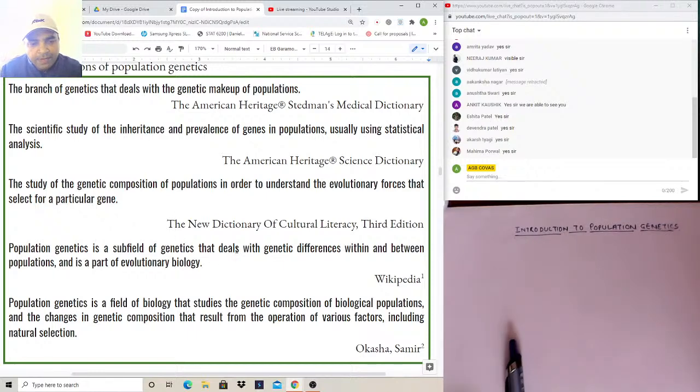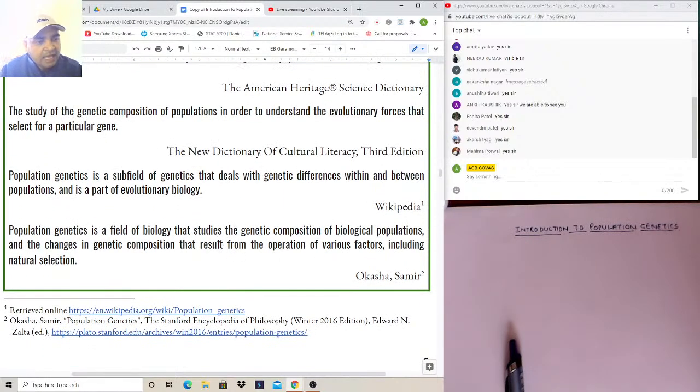Now, Wikipedia defines population genetics as a subfield of genetics that deals with the genetic differences within and between populations. When we were studying the analysis of variance technique, we had two groups, two treatments and two populations. Here also it is the same thing.